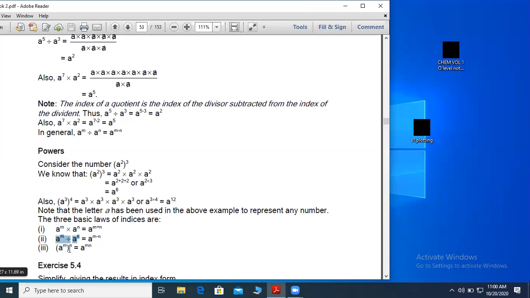So if you have 2 powers on a base, what we do... okay, in 1 minute.